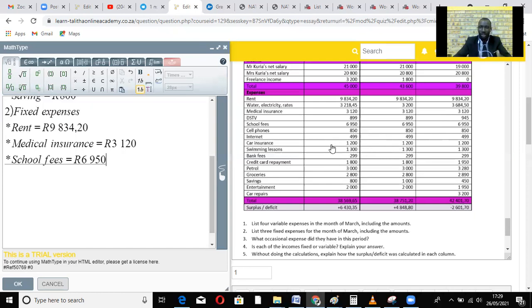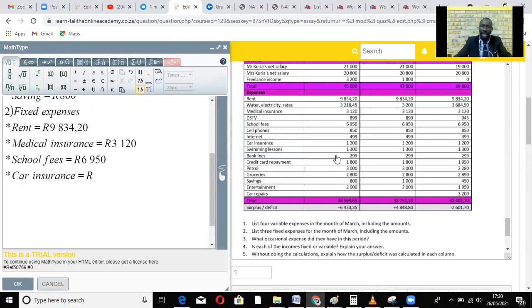You notice that things like car insurance also did not change. Car insurance stayed at 1,200.